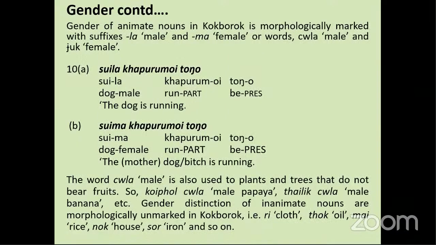Then again, gender of animate nouns in Koborok is morphologically marked with suffixes, such as la indicating male and ma indicating female gender, and also two words like chula indicating male, and juk denoting the female gender are also used.